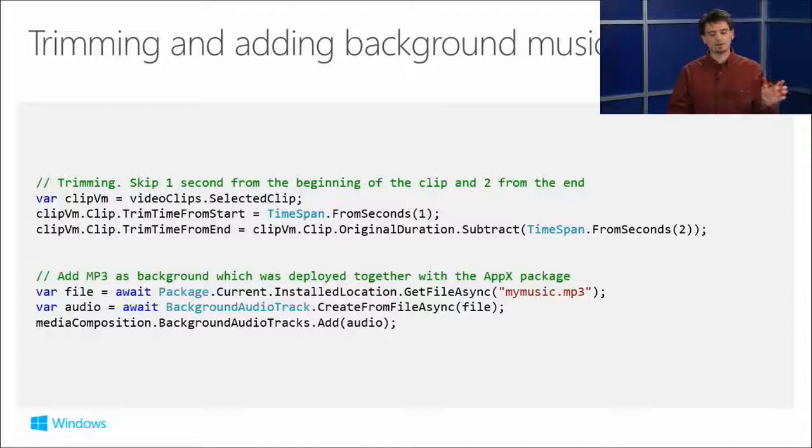And then we apply that background audio track to the media composition using background audio tracks.add. So it's a pretty self-explanatory API, which is kind of nice. It's fairly simple. All the operations that we're trying to do on it are fairly easy. Trim this, trim that, add the background audio. Give that API designer a pat on the back. Right.